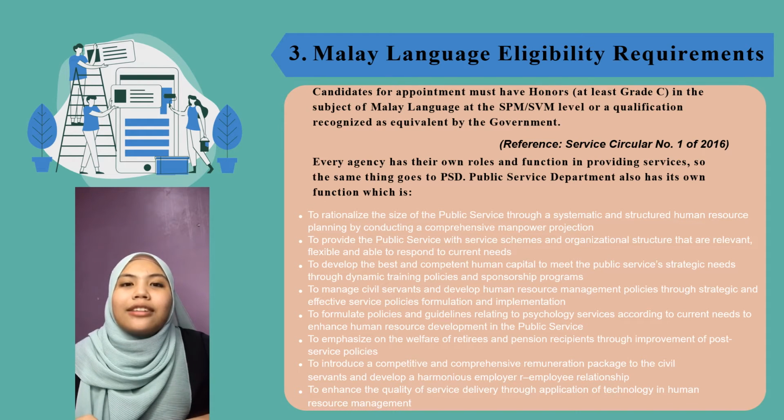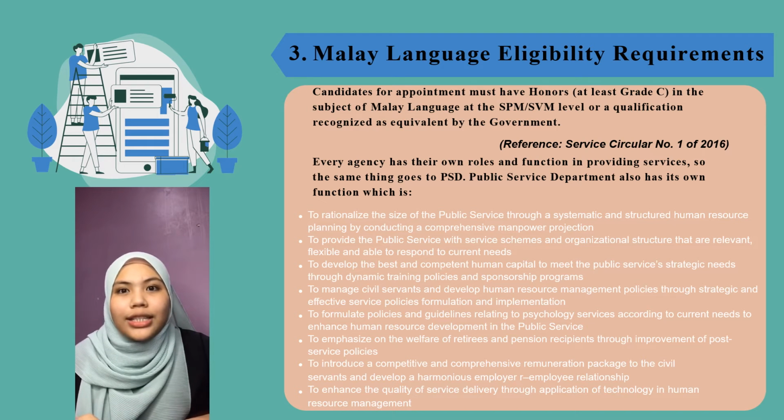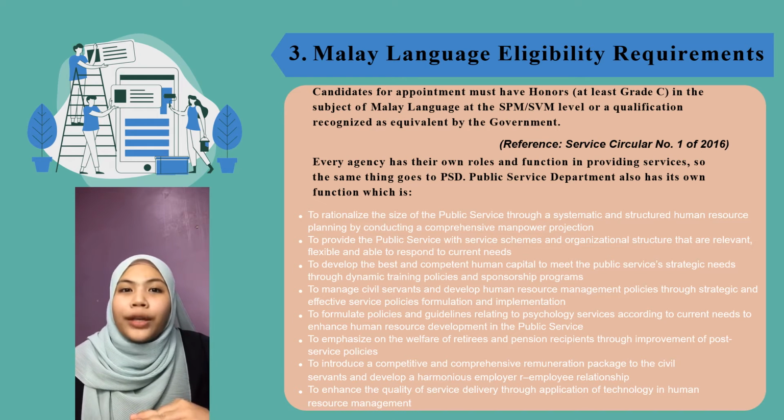To place a greater emphasis on the well-being of retirees and pension recipients by improving post-service policy. Number 7. To provide government workers with a competitive and complete wage package and foster a positive employer-to-employee relationship. Last, to improve service delivery quality by using technology in human resource management.